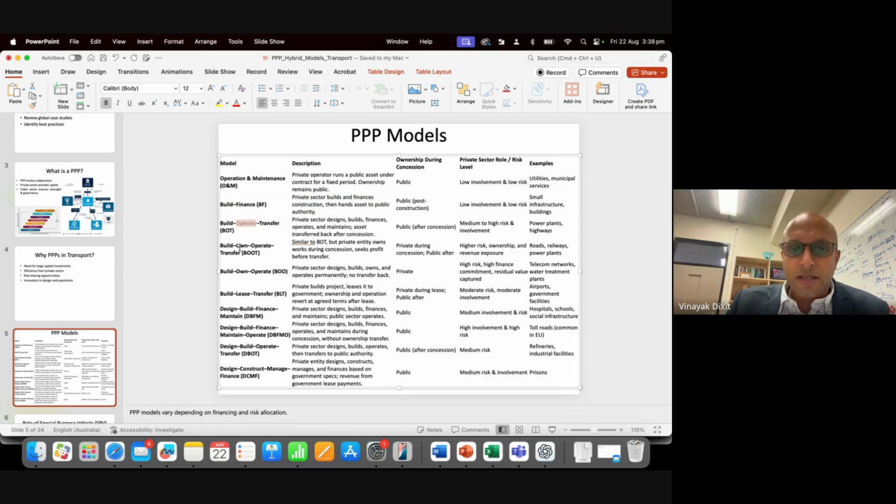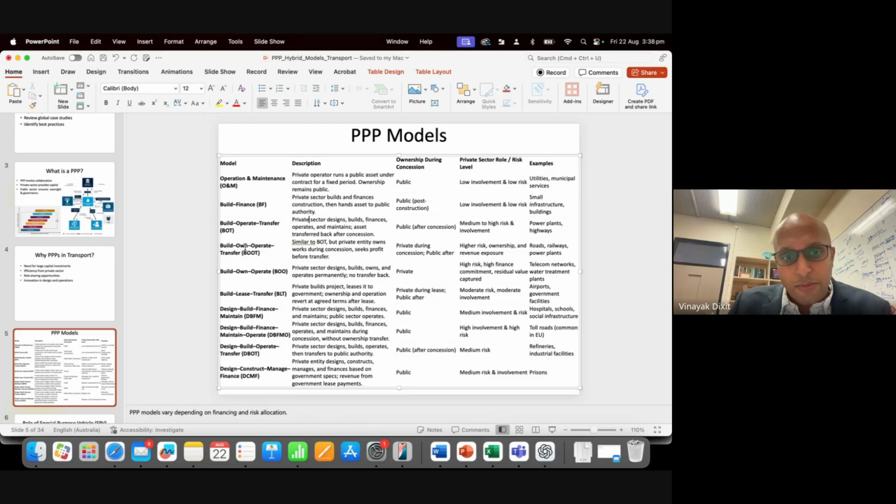The next one is BOOT, which is build, own, operate, and transfer. In build, operate, transfer, the ownership still is with the government. The private sector designs, builds, finances, operates, and maintains the asset, which is transferred back after the concession, but it is owned by the government.